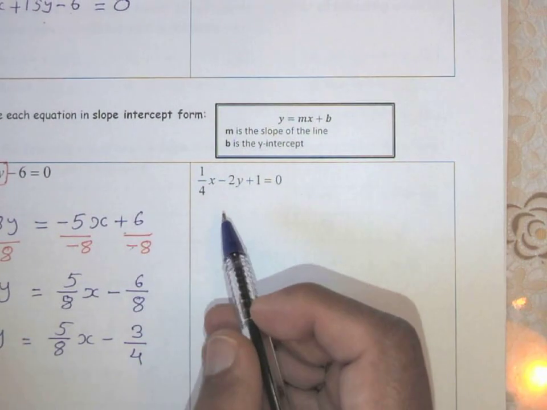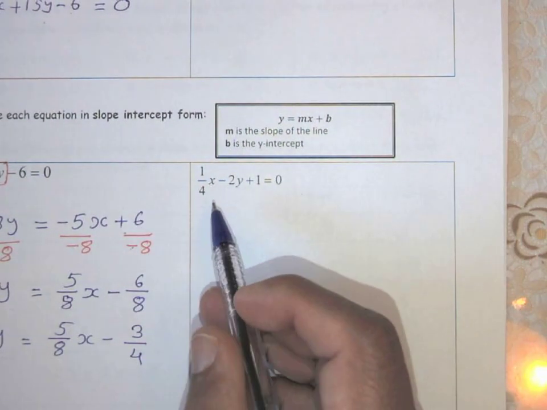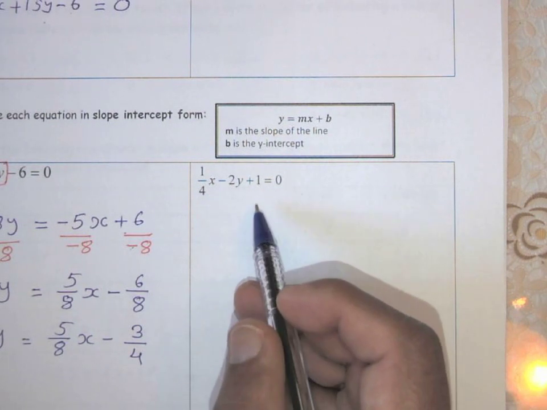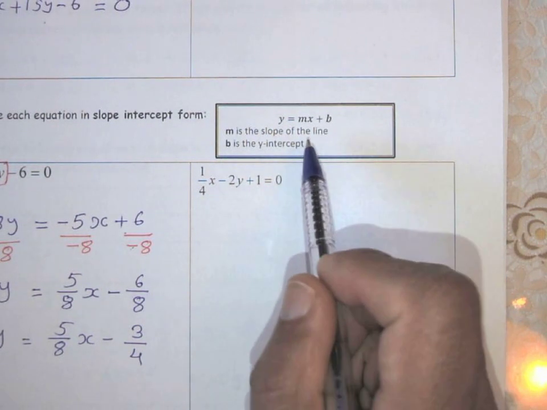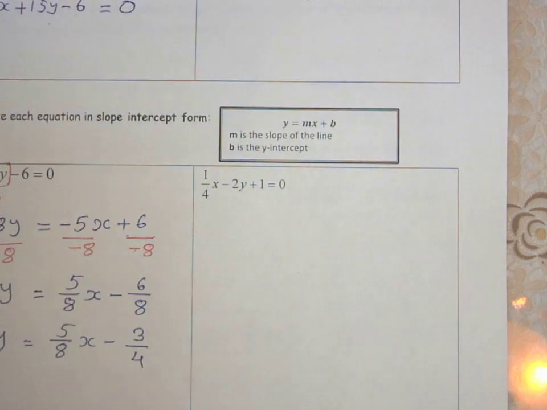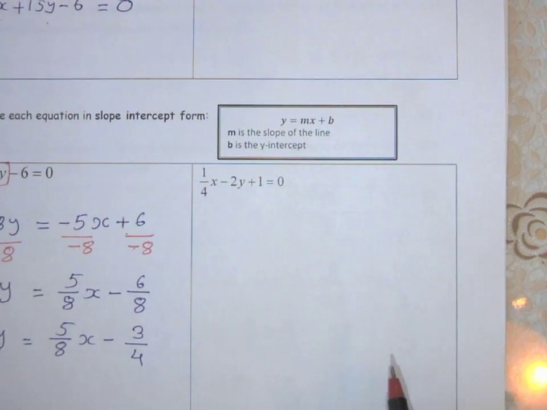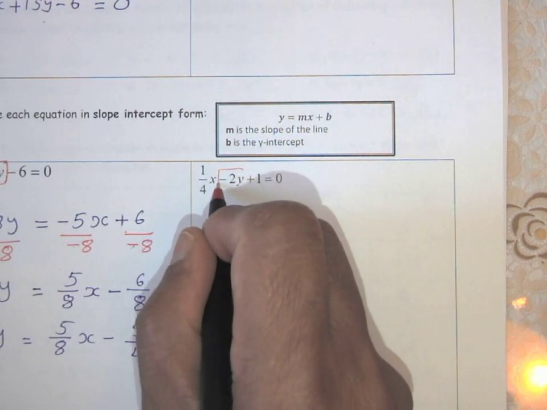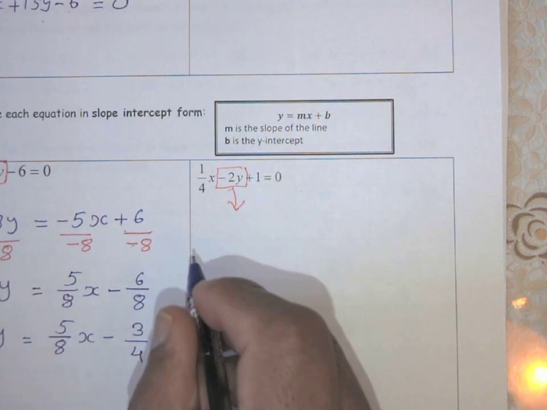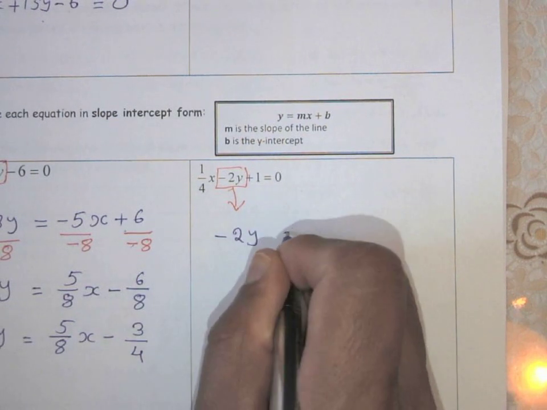So here we have 1 over 4x minus 2y plus 1 equals 0. The slope-intercept form always starts with y equals. So we keep the y term in the same place and write negative 2y equals.